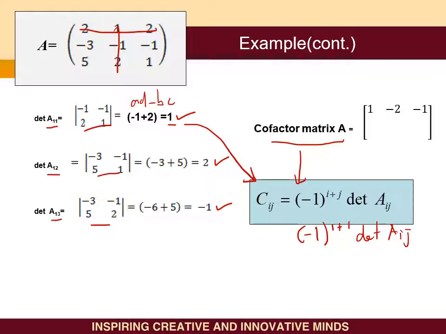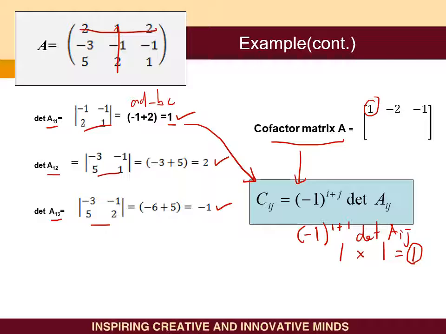So multiply by 1. So negative 1 power of 2 will be 1. 1 multiplied by 1 is equal to 1. So this number, you put it here. Okay.